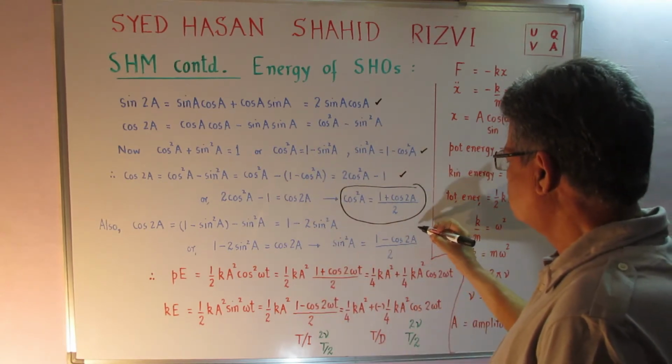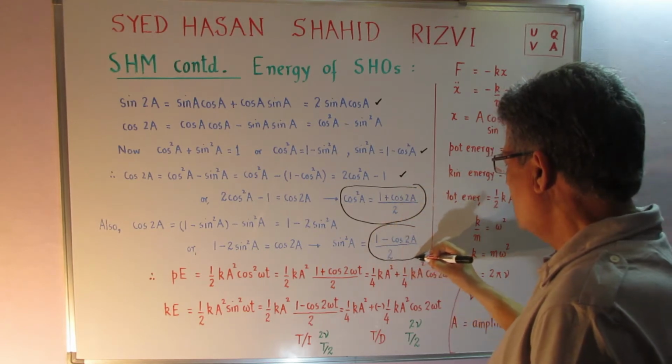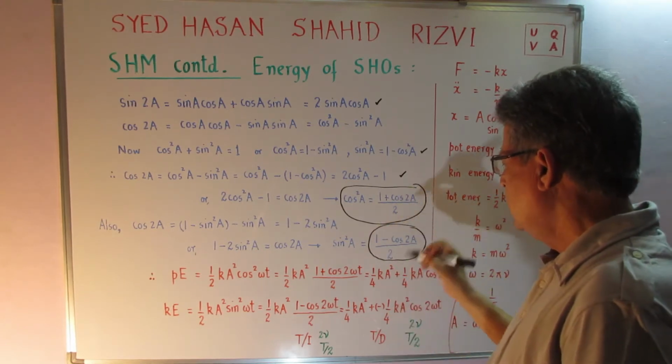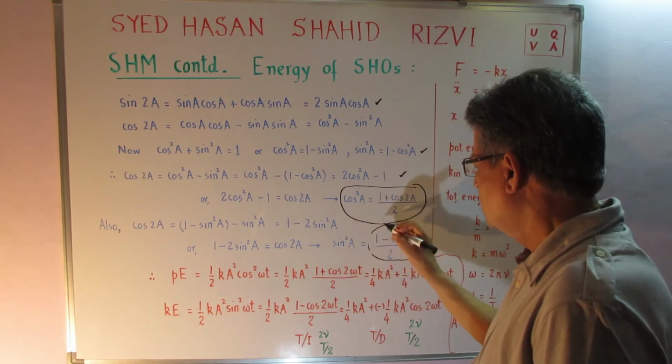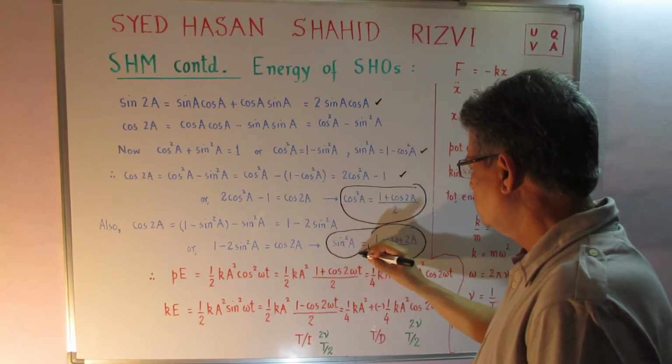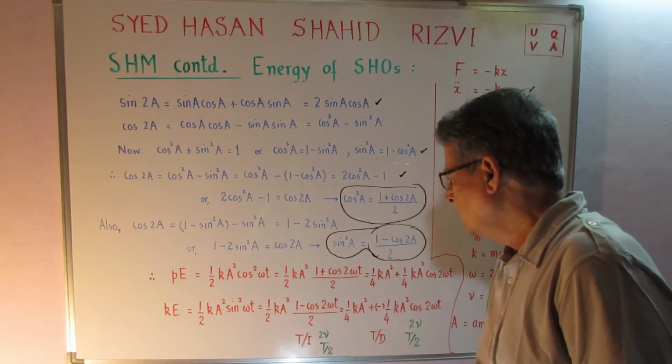So I have these two relations, one for sin square of A and the other for cos square of A.